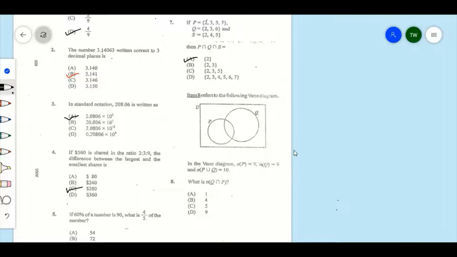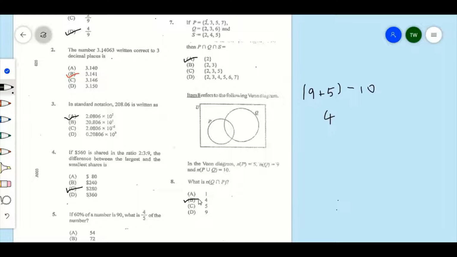Now, this is straightforward. It's going to be 9 plus 5 minus 10. And that is going to give us 4. So the number of elements in Q intersect P is going to be 4.